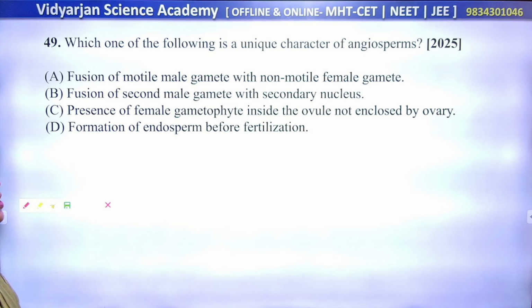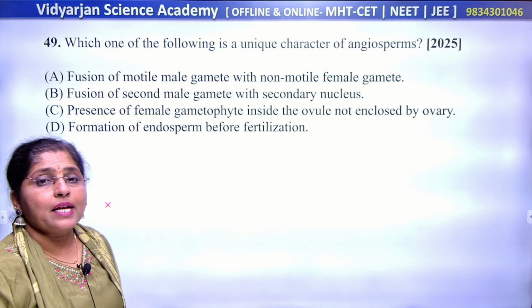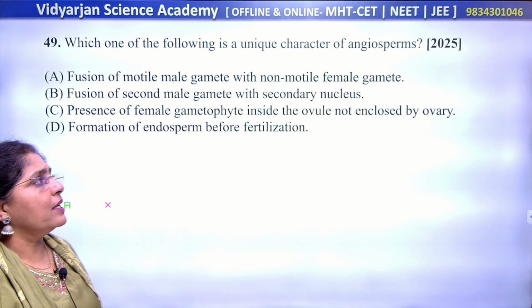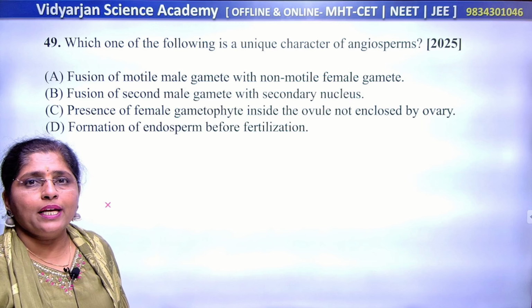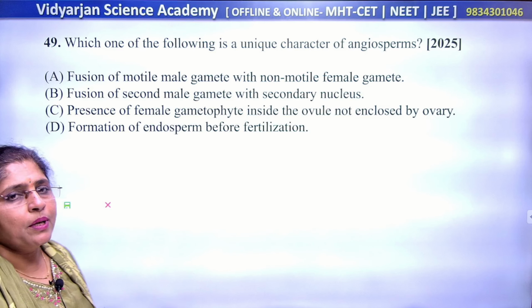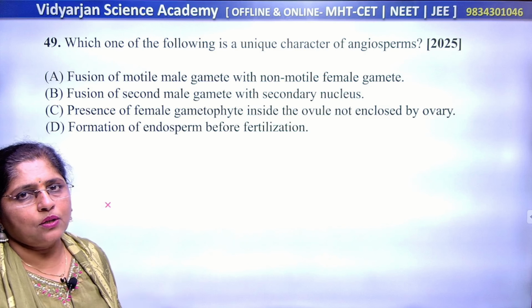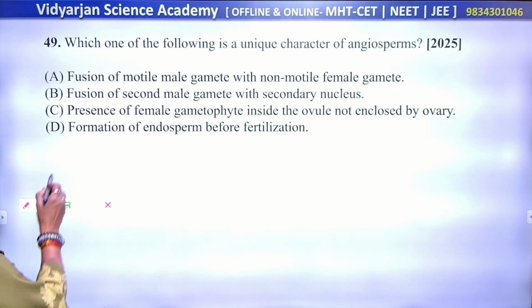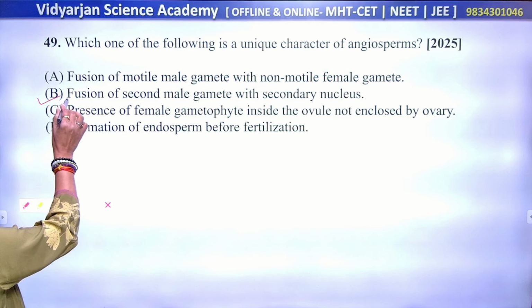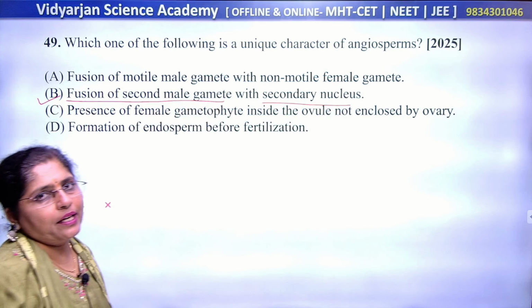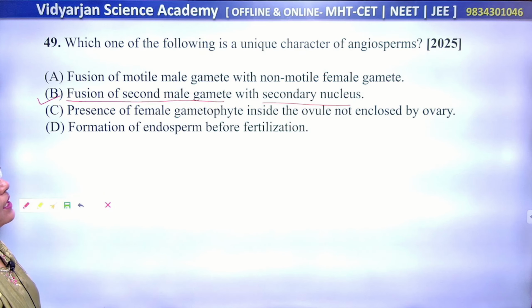Next, fusion of second male gamete with secondary nucleus. Presence of female gametophyte inside the ovule, not enclosed by the ovary, and formation of endosperm before fertilization. Got it? So what should be your correct answer here? Your correct answer is B. Fusion of the second male gamete with the secondary nucleus. So this will be the correct answer.